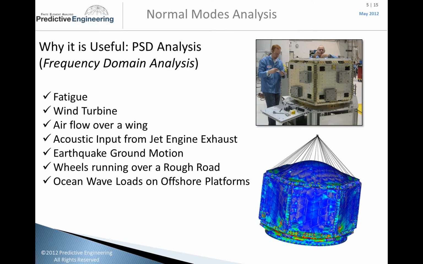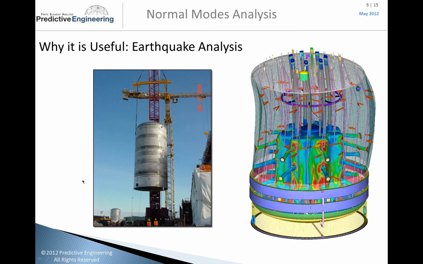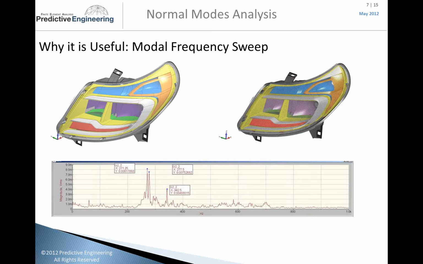It's used a lot for fatigue analysis, wind turbines, airflow over a wing, acoustic input from jet engine exhaust, earthquake motion, transportation, wheels over rough road, ocean waves. And earthquake analysis for vessels is really common. This is called a response spectrum analysis, and it's all based on normal modes. Once you have the normal modes done, it's just linear algebra.